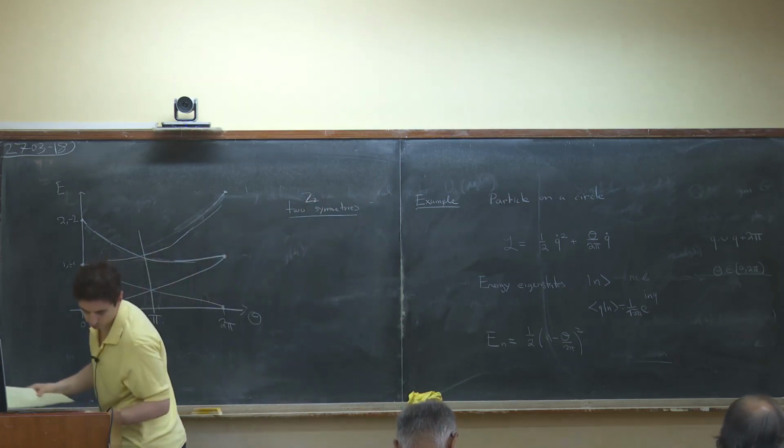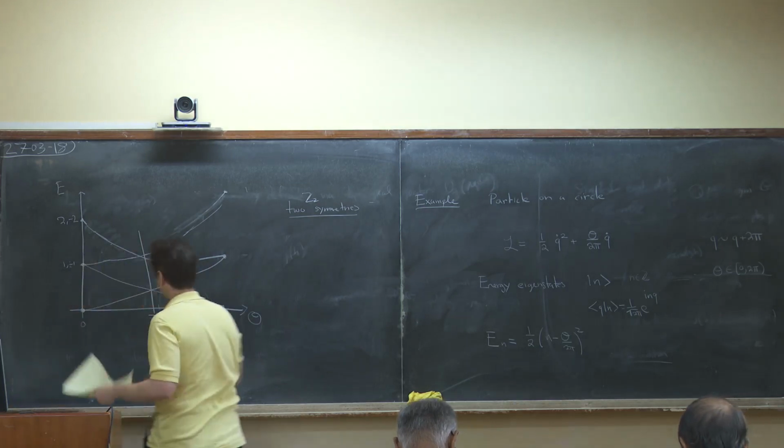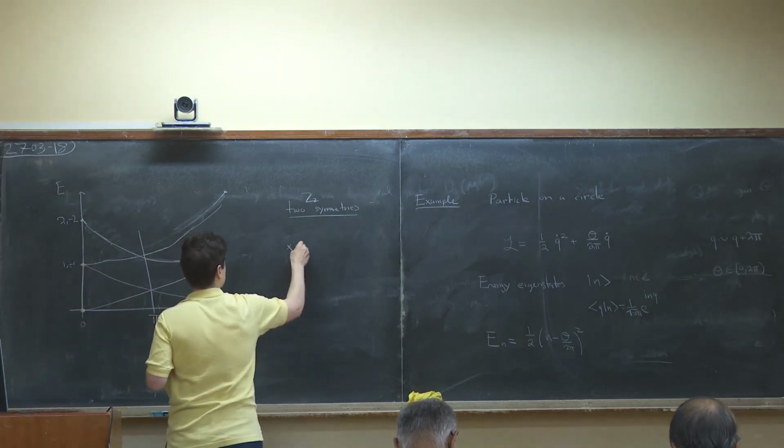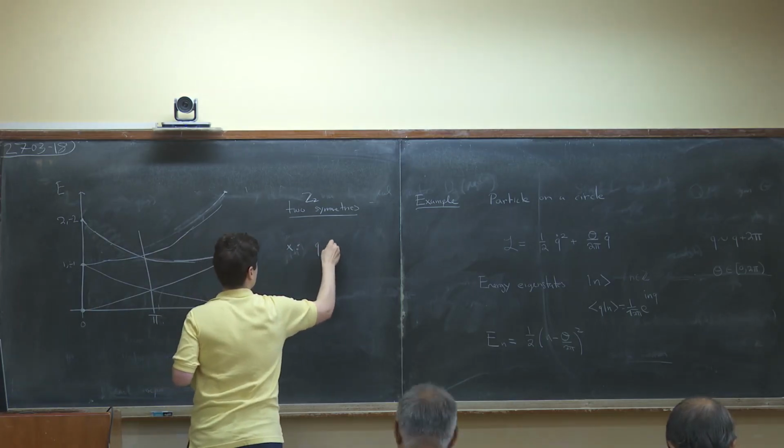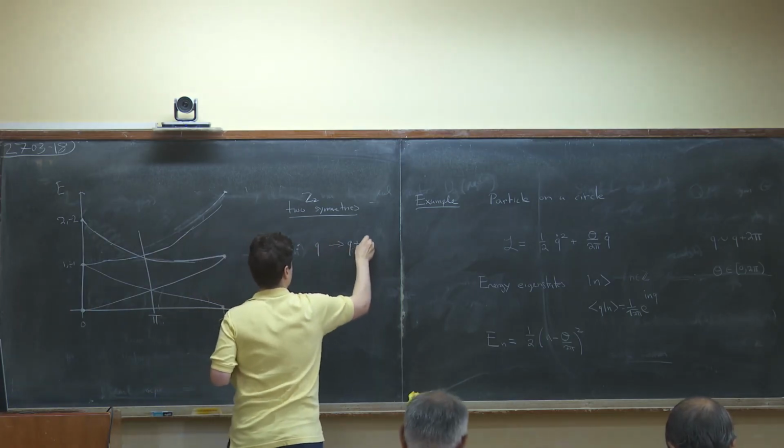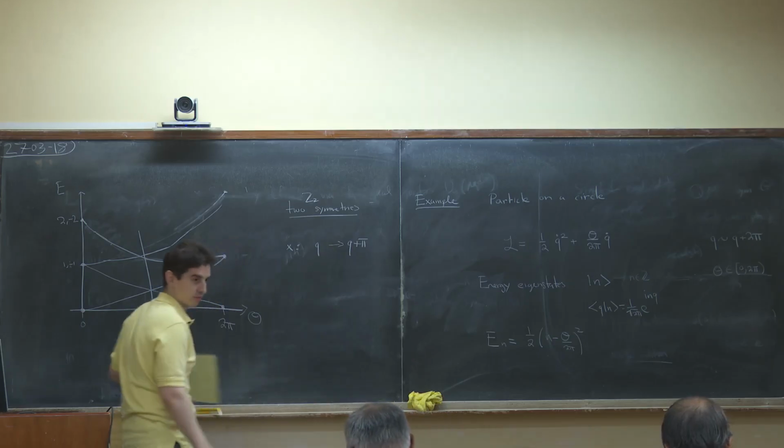Okay, so one of them, let's call it X. This sends Q to Q plus pi. This is actually a symmetry for all theta.